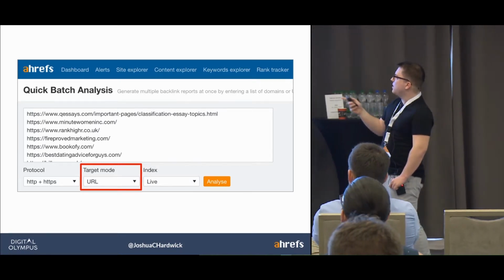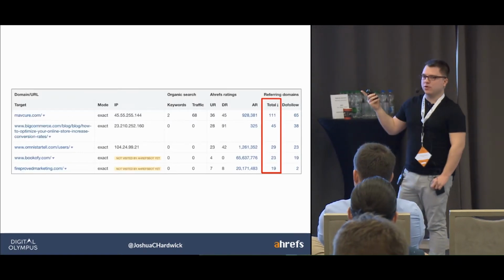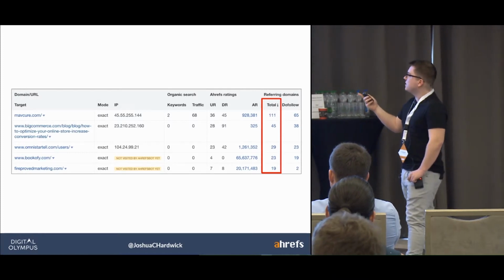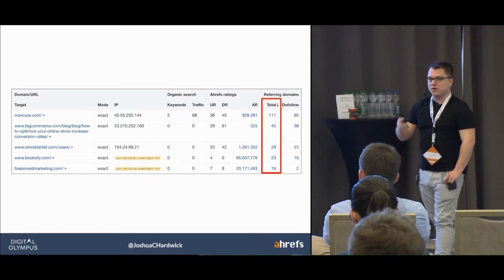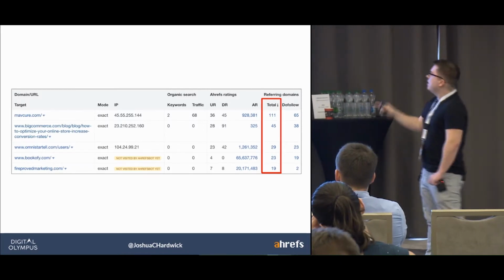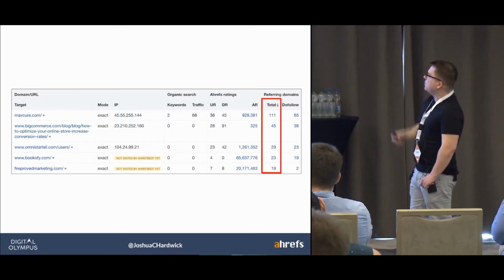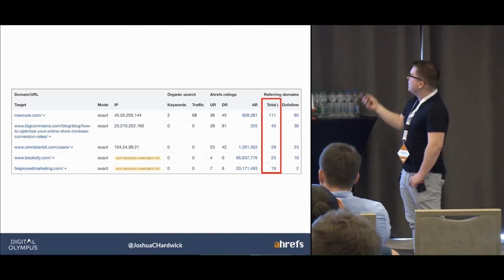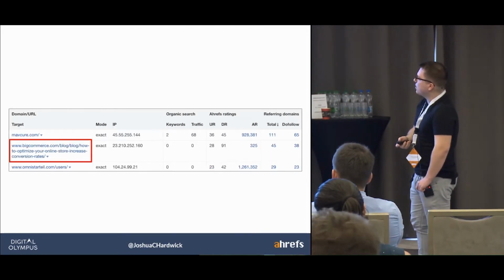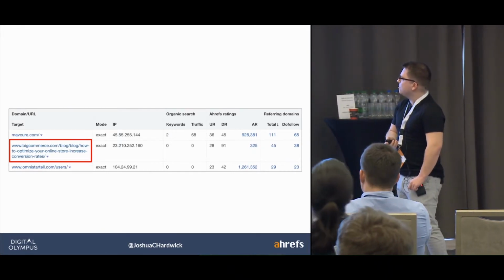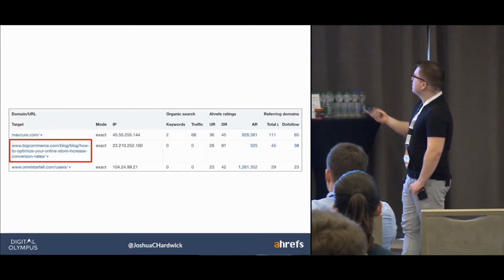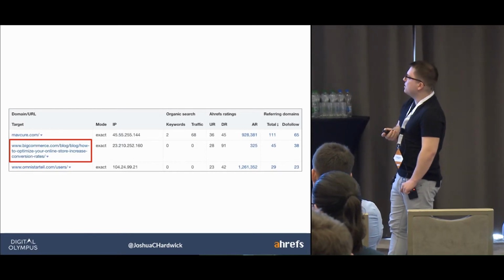Set it to URL mode, and you end up with a similar report to what we had before in the Best by Links report. You can see all of those pages on the left-hand side, they're all dead because we took them from that broken links report. You can sort by referring domains. For example, this page on bigcommerce.com, which is clearly a page about how to optimize your online store conversion rates, has 45 referring domains.